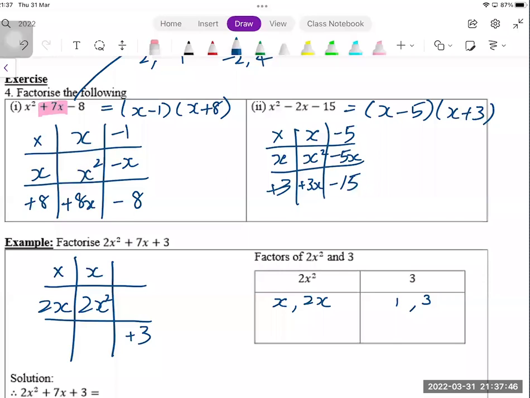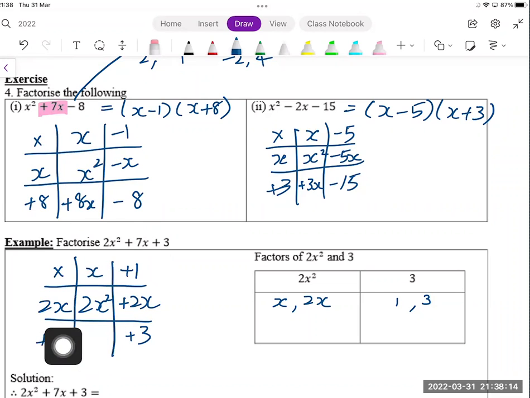I'm going to give you a wrong example first before we go to the correct example, to show you that you can't just anyhow put. Let's say I put my +1 here and my +3 here. Let's see what happens. If I have +1 over here, this term will be plus 2x, because you take +1 times 2x.